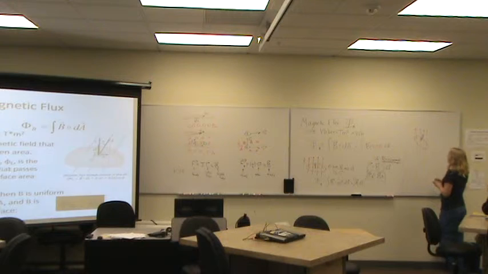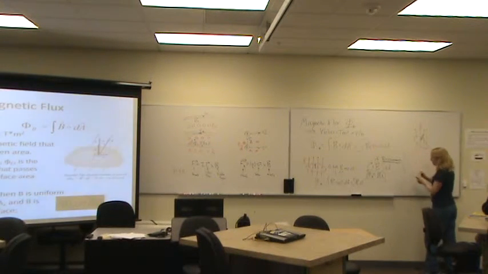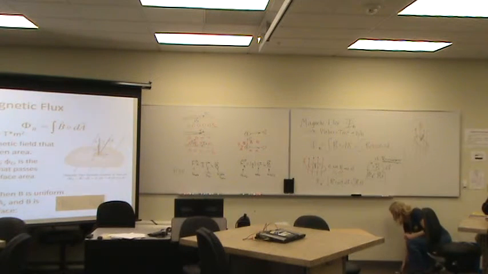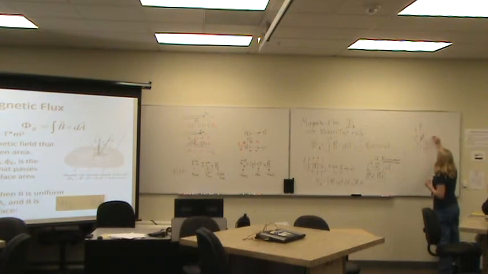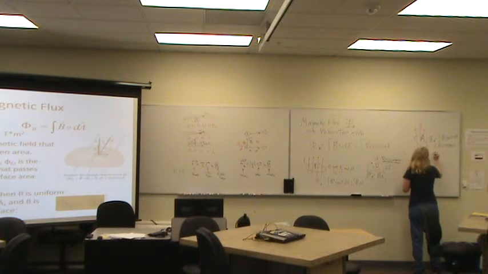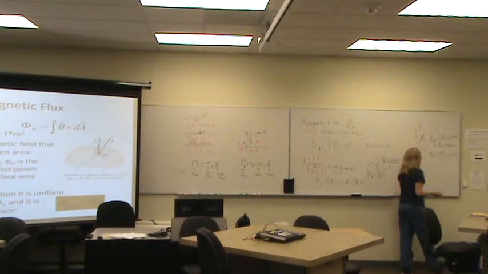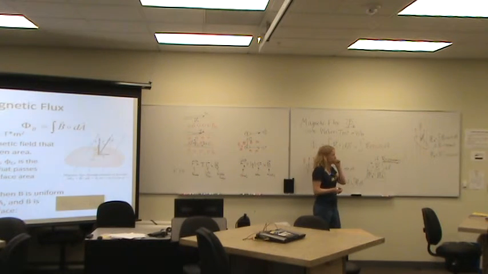So that's the theta between our dA hat and our magnetic field B. In this case, you wouldn't be able to simplify it down very far. You'd still have your integral B cosine theta dA. If B was constant, then you could pull B out of the integral, but you'd still have something kind of yucky to deal with in there.